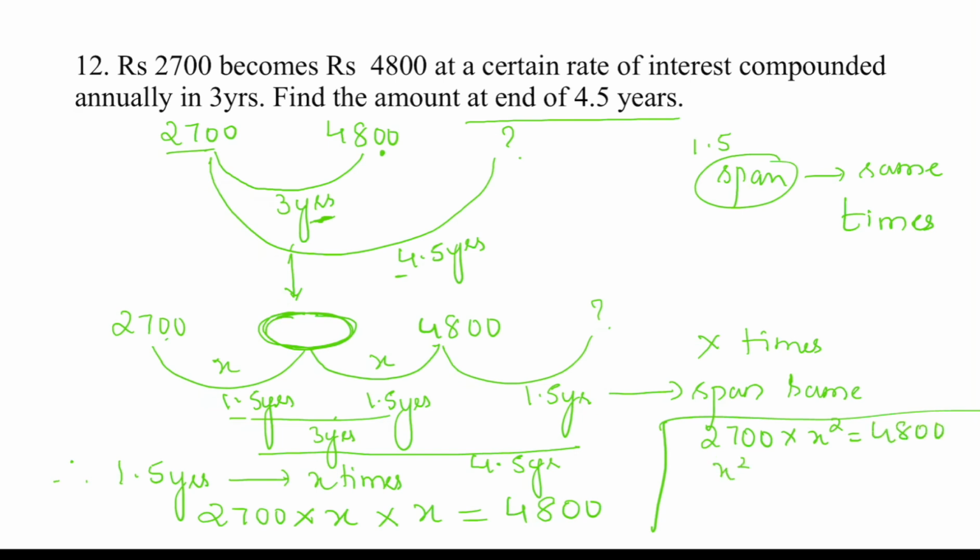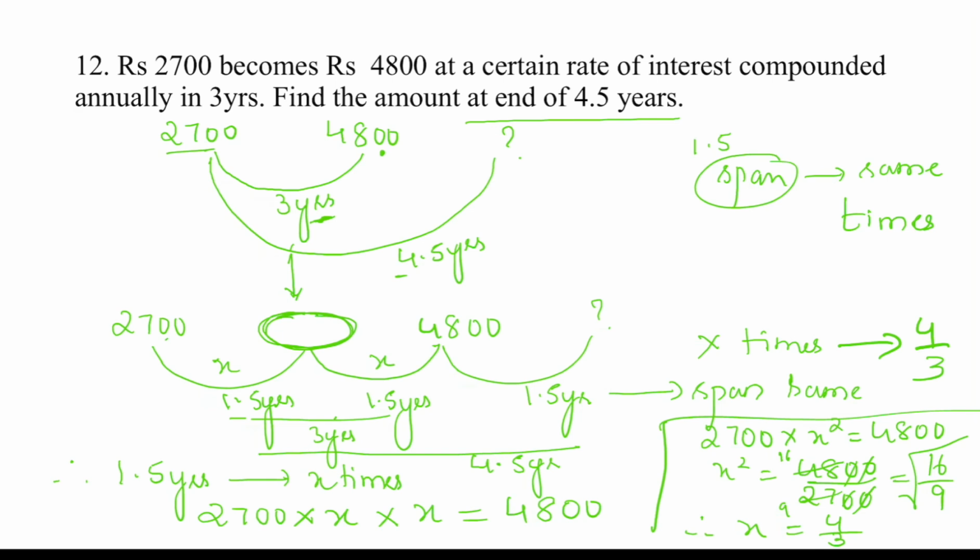So x square is equal to 4800 divided by 2700, cancel the zeros. So this is 9s and 16s, 3 9s, 3 16s, so it is 16 by 9. Therefore x is equal to the square root of this, so it is 4 by 3. So the multiple we got is 4 by 3.